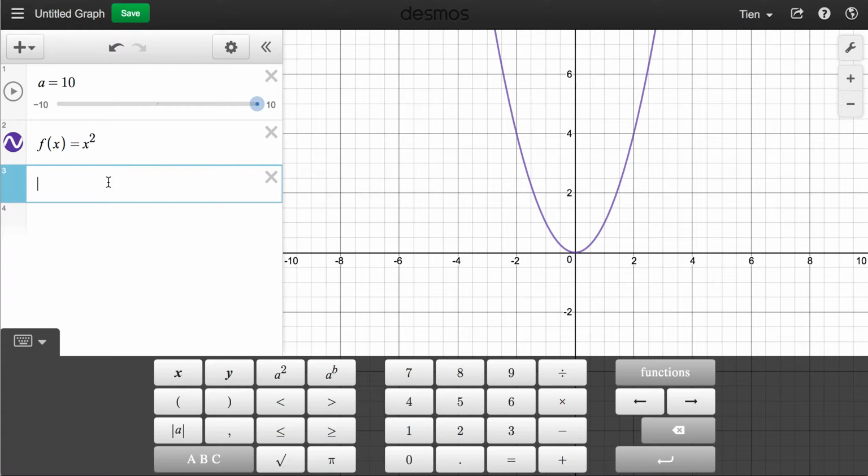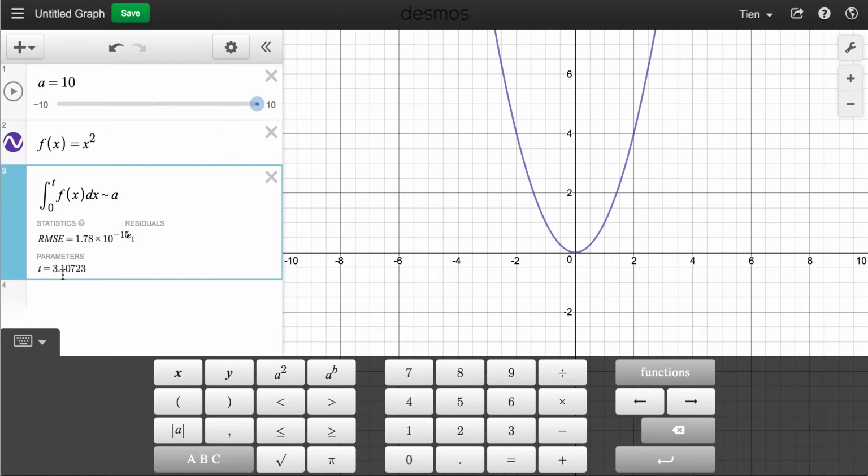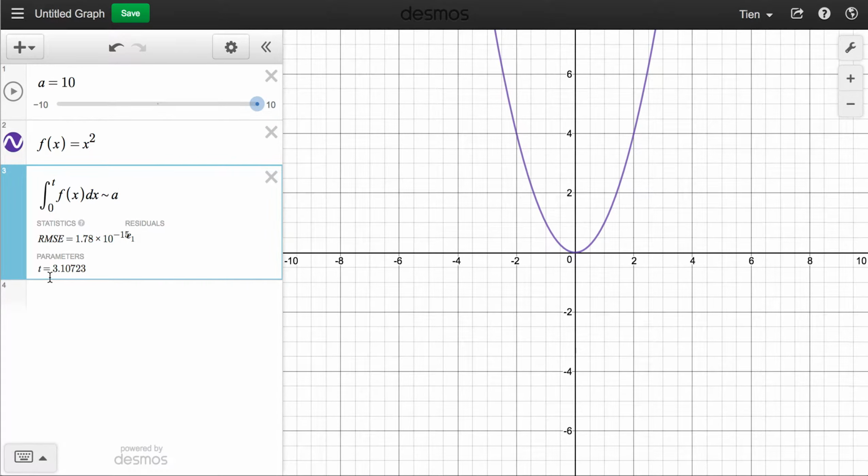So we could simply do this by saying the integral from 0 to t of f of x with respect to x is about a. And right there, it gives us the value of t for which approximately that would be true.